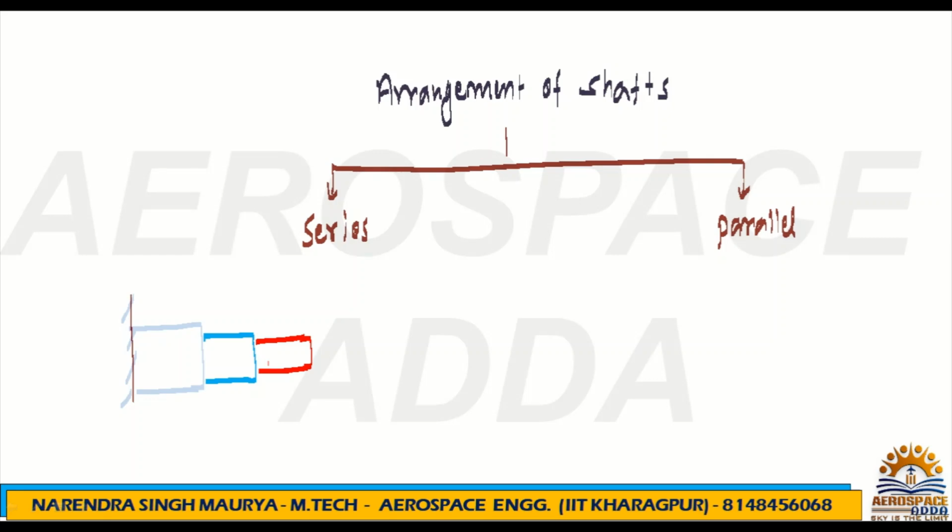So basically we have three shafts. Say this is A, this is B, this is C, and this is D. Everywhere we have a torque.